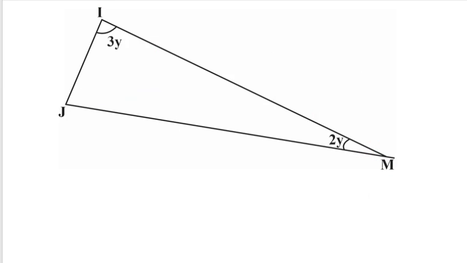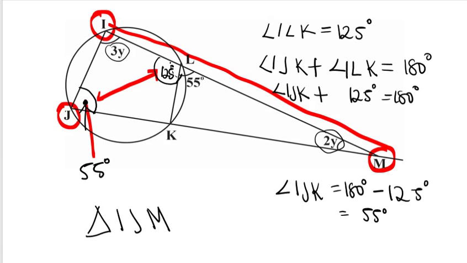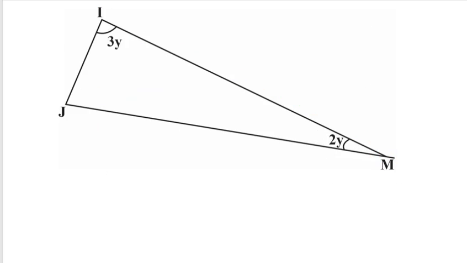So now this is triangle IJM. Don't forget that from our diagram, we realize that the angle at J is equal to 55 degrees. Therefore, the angle here, we know that it's equal to 55 degrees. If that is the case, we know that the interior angles of a triangle sum up to 180 degrees.